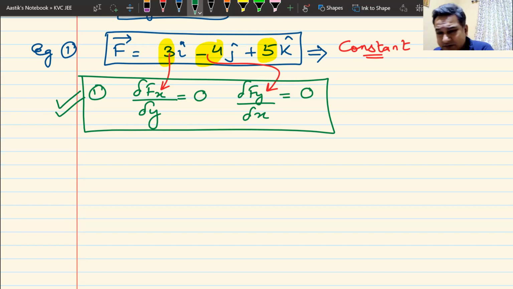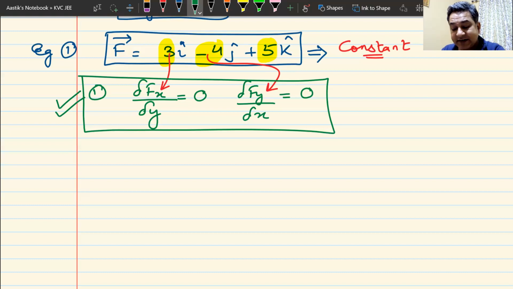The derivatives of fx with respect to y, fy with respect to x, fx with respect to z, fz with respect to x, fy with respect to z, and fz with respect to y will turn out to be 0, and therefore this force is a constant force and a conservative one.